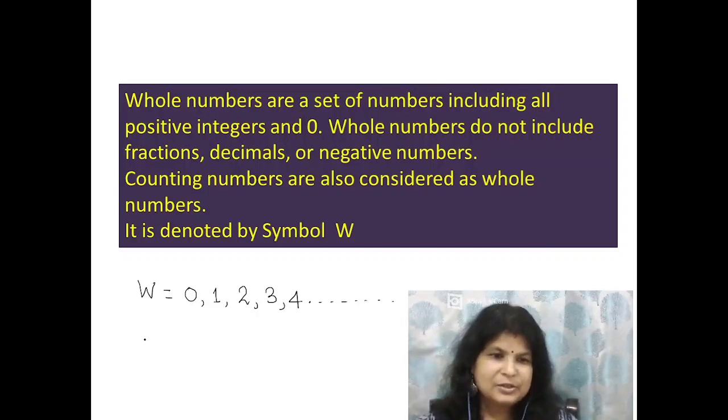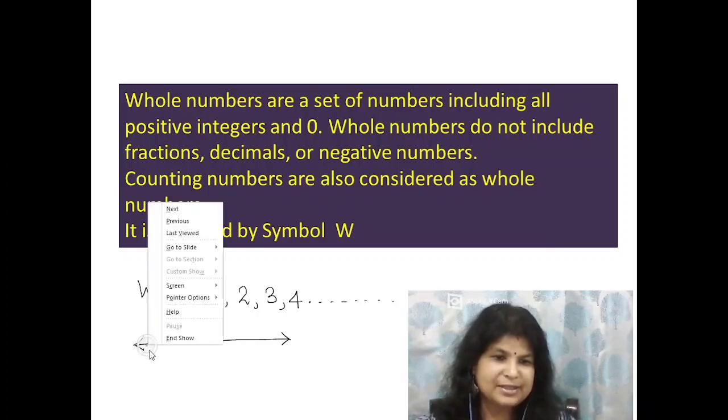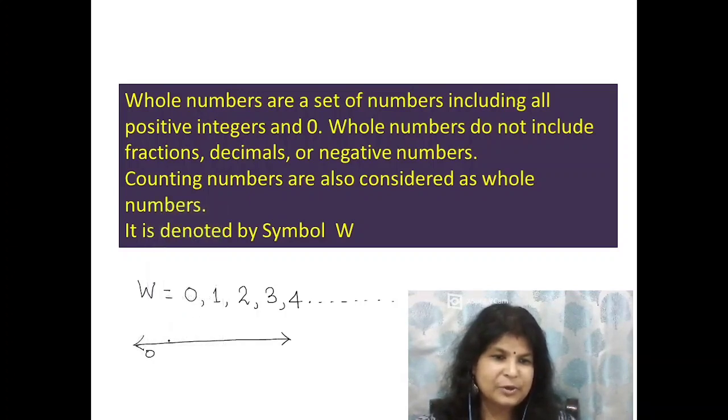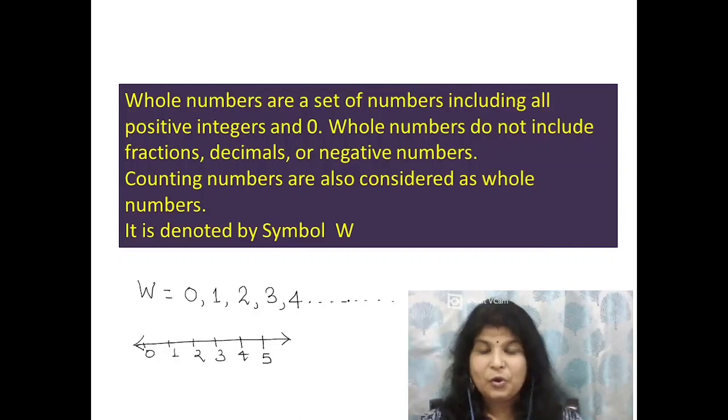Okay. So what will be the change in the number line? The number line definitely will start with your 0. Then you have 1, you have 2, then 3, 4, 5, so on and so forth. Hope your whole number concept is clear now.